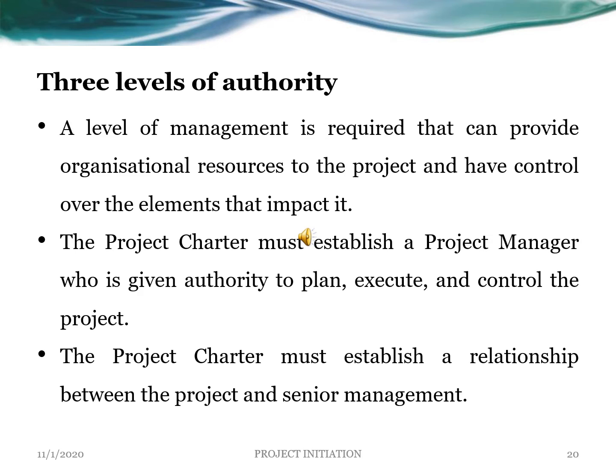A level of management is required that can provide organizational resources to the project and have control over the elements that impact it. The project charter must establish a project manager who is given authority to plan, execute, and control the project. And the project charter must establish a relationship between the project and senior management.